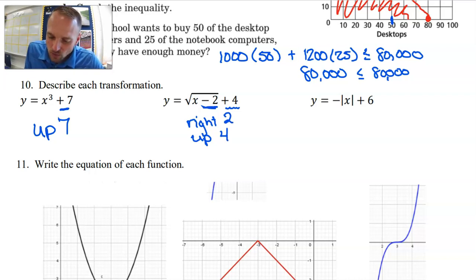Okay, this next one. So the negative out in front of the absolute value, that's kind of like the slope, right? Normally, if it's a positive slope, it's going to be going up. But since this is negative, it's going to be a negative slope going down. So it flips it from up to down. We're reflecting the y value, because the y is what goes up and down.